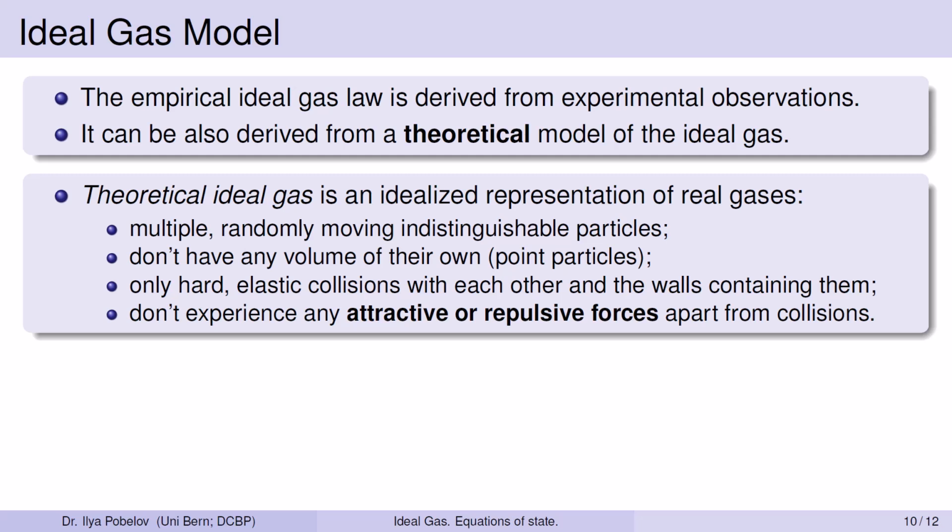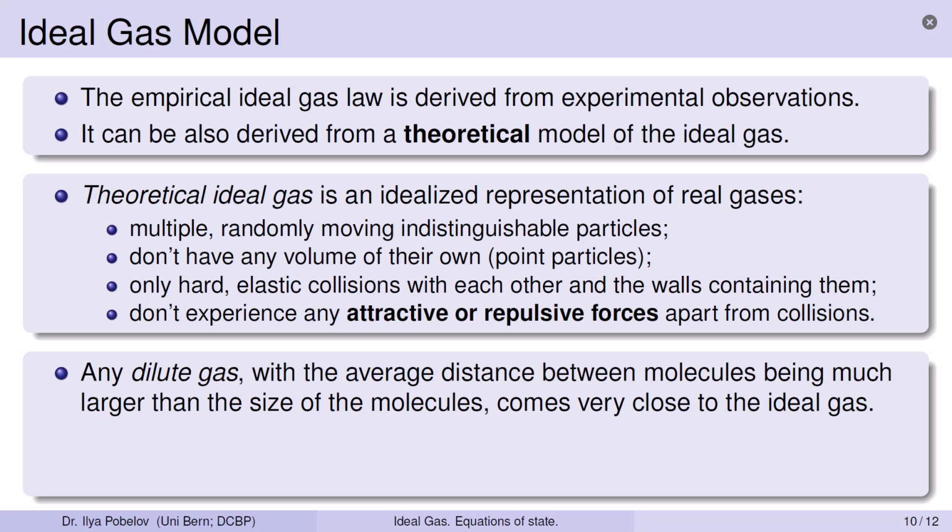The model and the concept of ideal gas have been invaluable for scientific explorations, especially in statistical mechanics. From the way it is formulated, it is clear that any dilute gas, the one with the average distance between molecules being much larger than the size of the molecules, comes very close to the ideal gas.